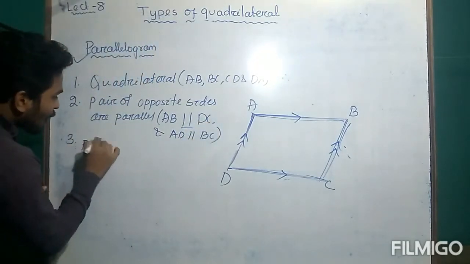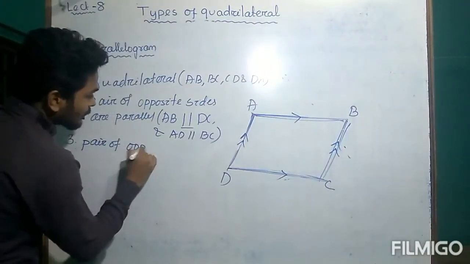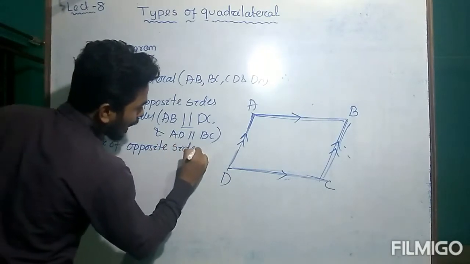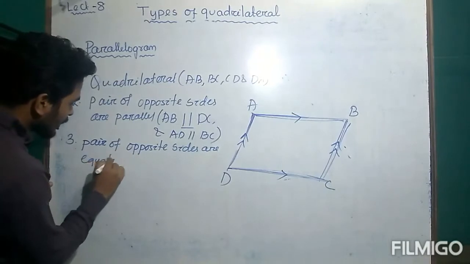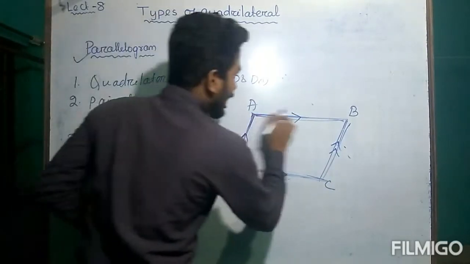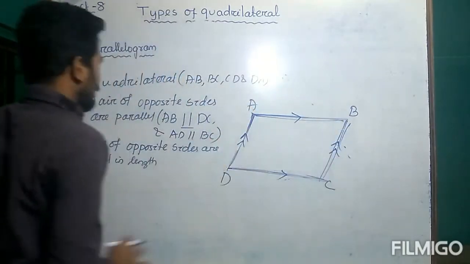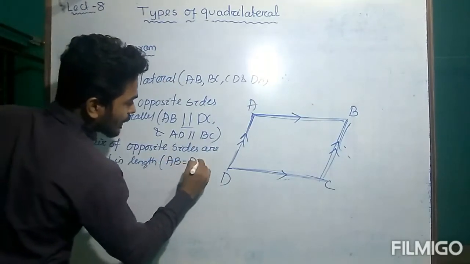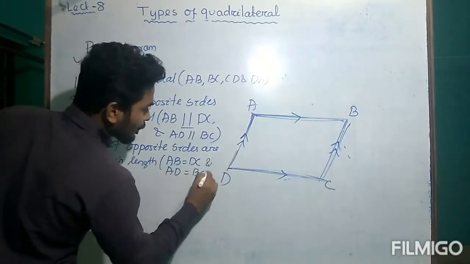The pair of opposite sides are equal in length. AB is equal to DC and AD is equal to BC.